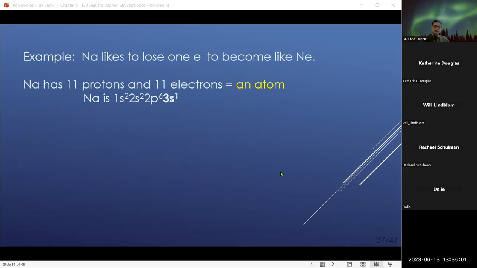Now, the challenge I think most students have with this particular chapter is the concept of the electrons and where they're at with our model. We established that the atom in the center is the nucleus, and in the nucleus exist the proton and the neutron.